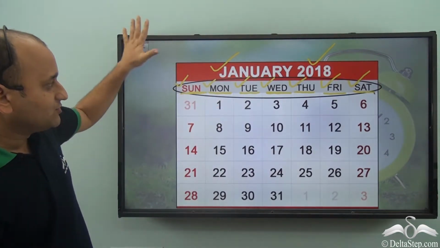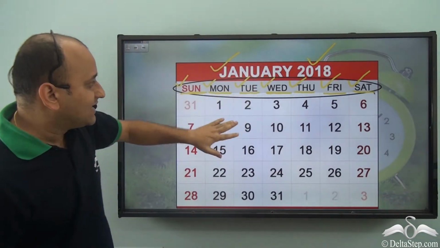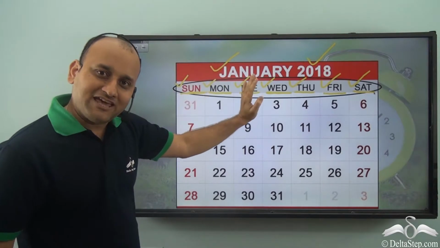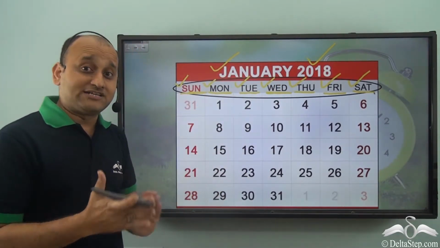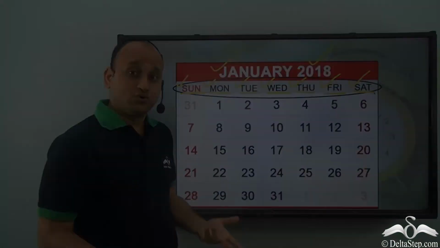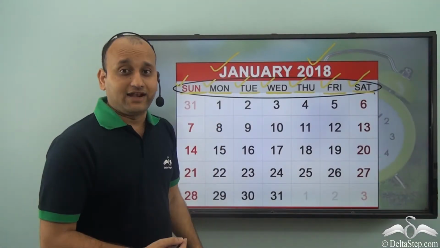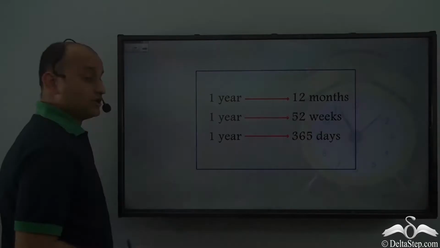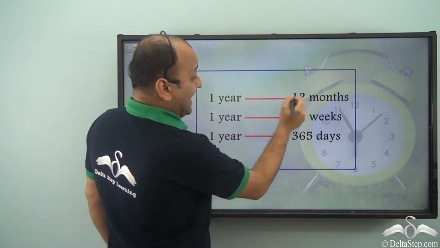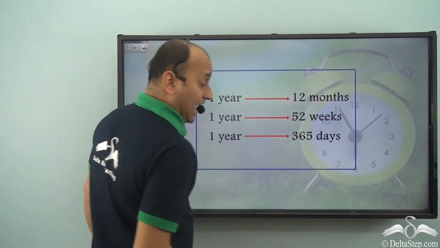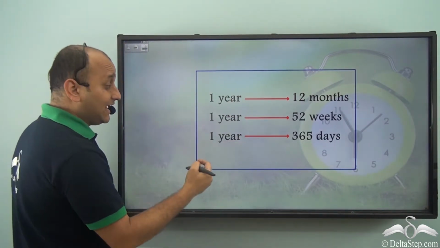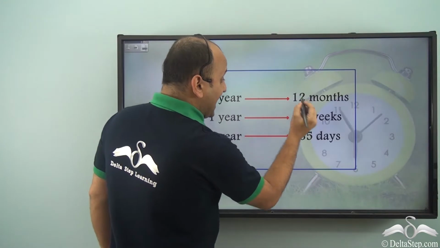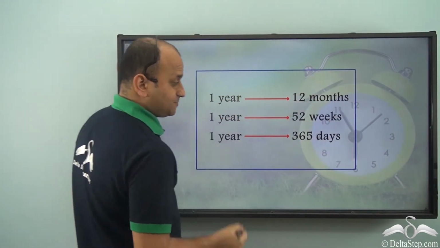So in a calendar you see different information, that is the month, the week, and the year. And these are the different units of time which we refer to, and this is visible in a calendar. So 1 year has 12 months, and if you want to represent 1 year in terms of weeks, then 1 year has 52 weeks.